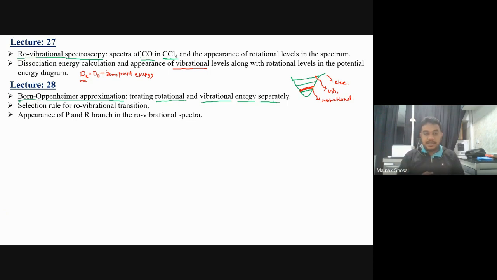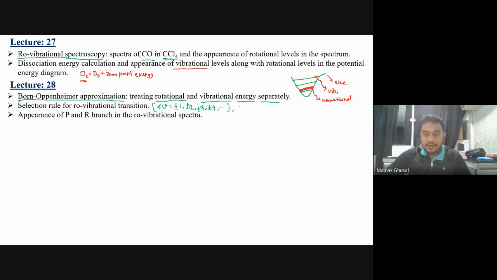This is an example that the Born-Oppenheimer approximation tells that we can treat the rotational and vibrational energy levels separately, which was beneficial to calculate the selection rule for the rovibrational transition. It was discussed that considering the anharmonic oscillator approximation, the vibrational selection rule becomes plus minus 1, plus minus 2, plus minus 3, plus minus 4, and so on.